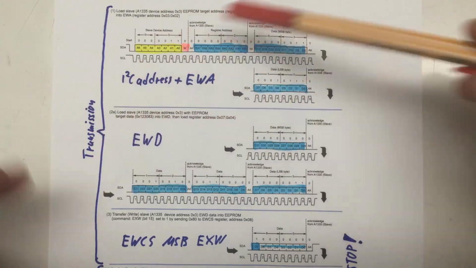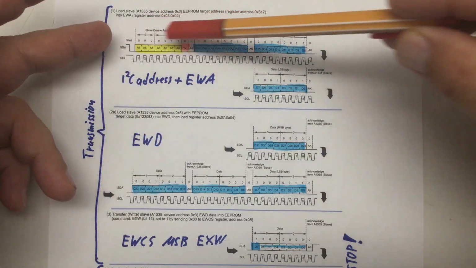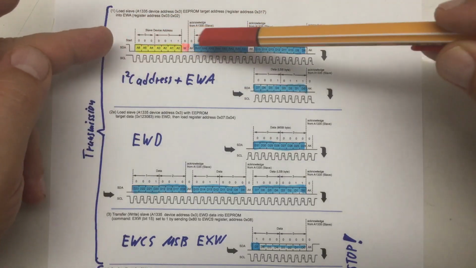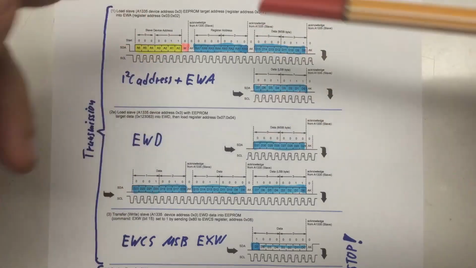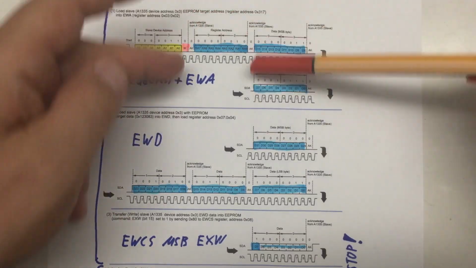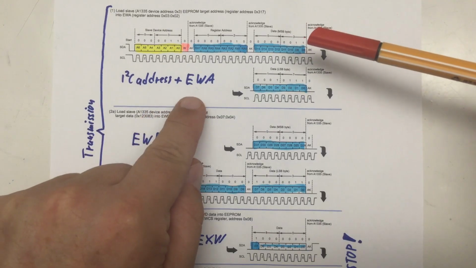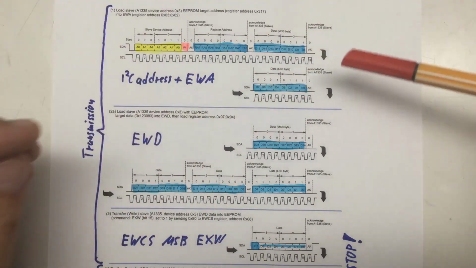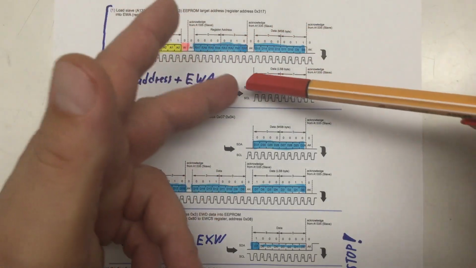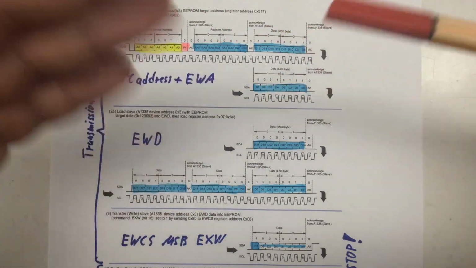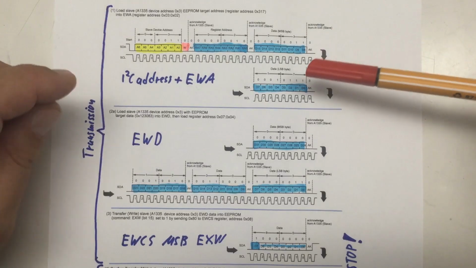The transmission starts, of course, by sending the slave address with the last bit set to 0, so this is the write. And that is followed by the primary register address, the 8 bits of the extended write address register. And then we transmit the 16-bit, 2 bytes of the extended write address itself.